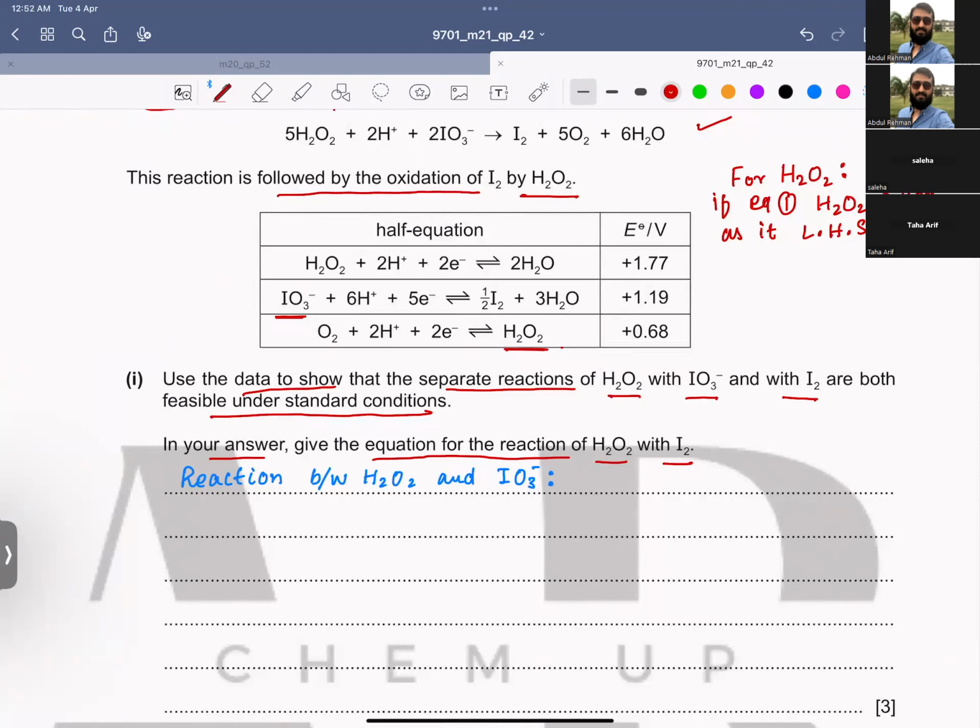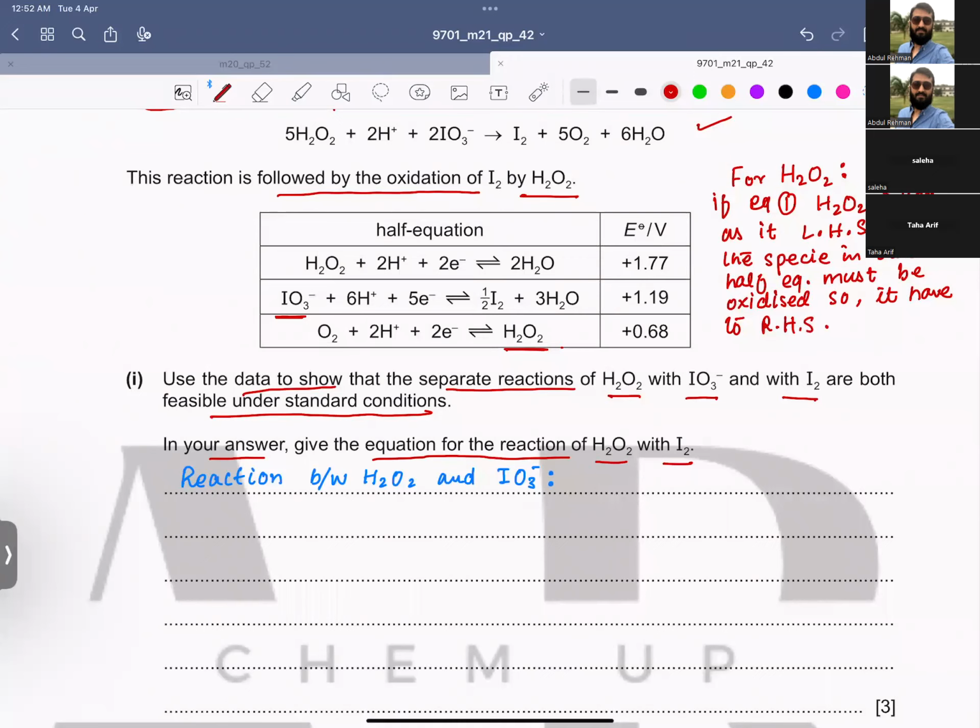So if this is the case, then the species in the other half equation must be oxidized. So it has to be on the right hand side.